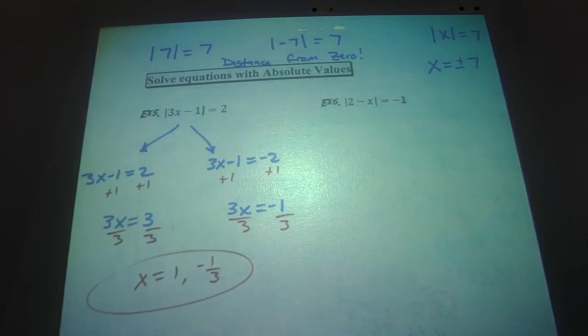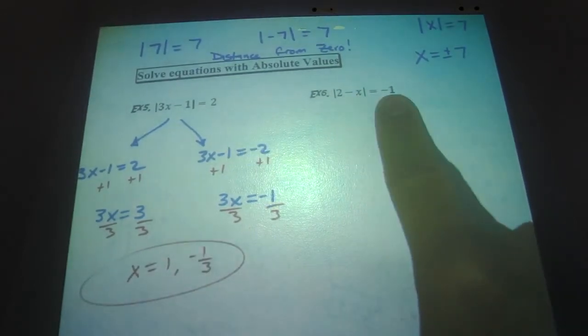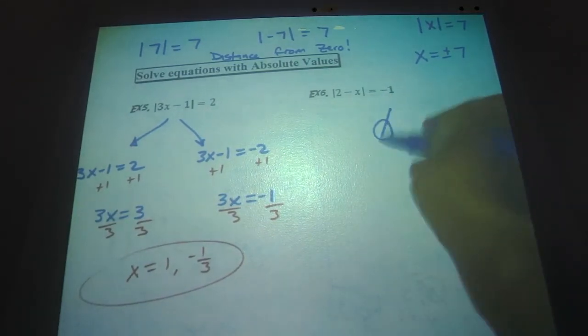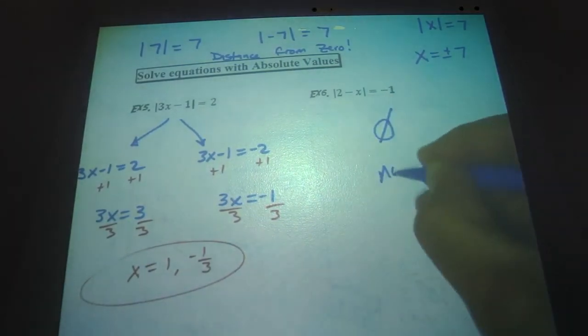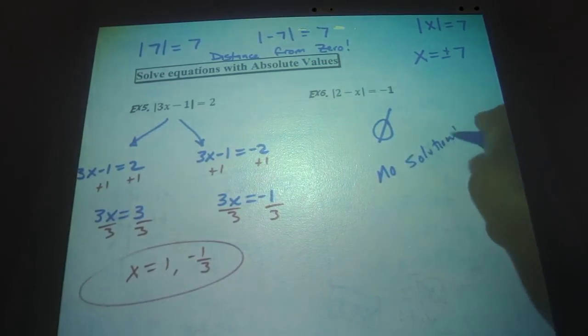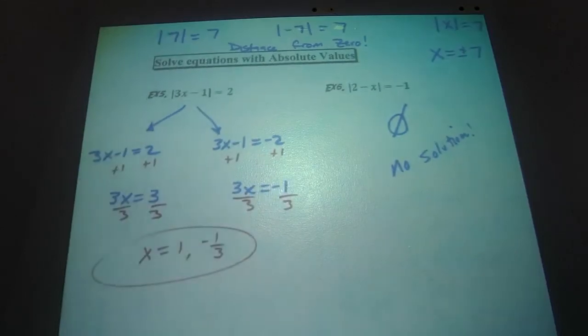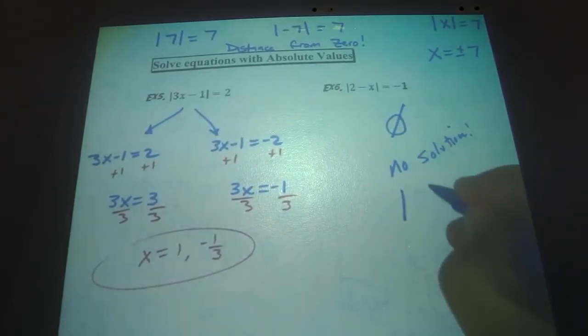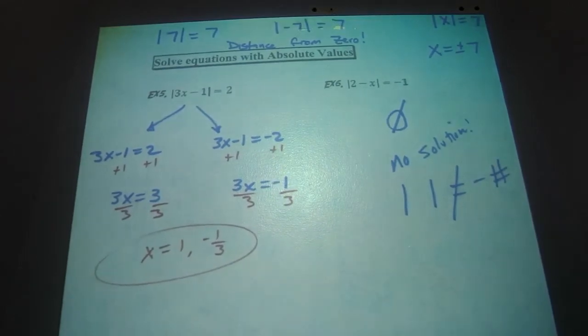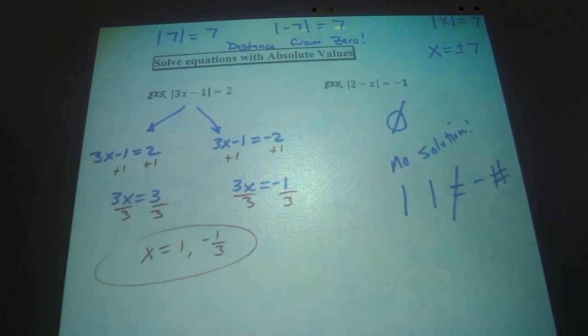Distance is always positive, and they're saying, hey, this distance is a -1. That's crazy. That's no solution. Circle the slash through it, right? No solution. Can't do it. You can't have an absolute value equal a negative number. Makes no sense from that definition. So fantastic. That was easy.